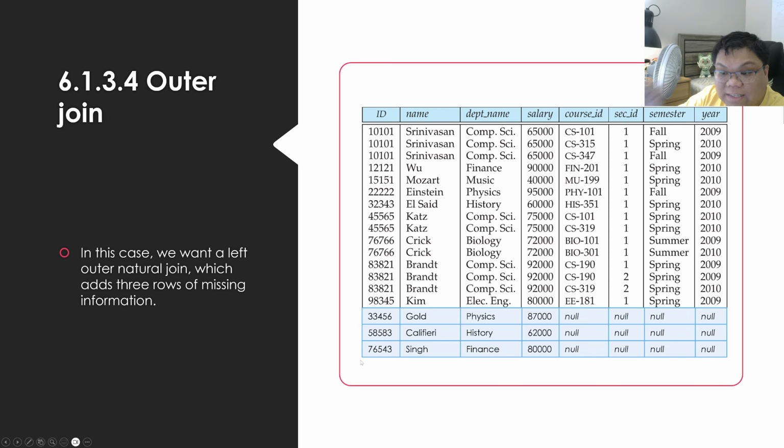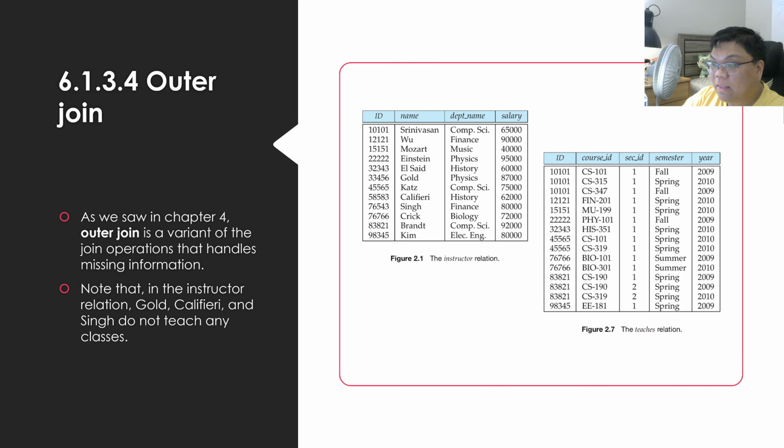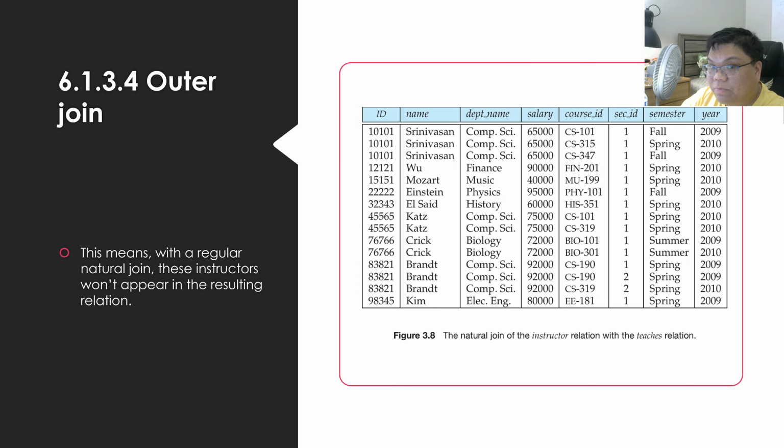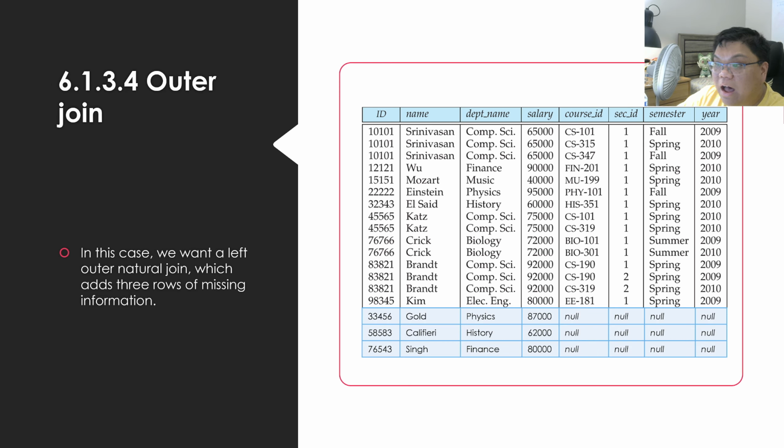Specifically, what we want in this case is a left outer join, because Gold, Califieri, and Singh appear in the left relation but not the right relation. So we want to do a left outer join, which we can define as the union of the natural join of the two relations and this table down here that we have to add on.